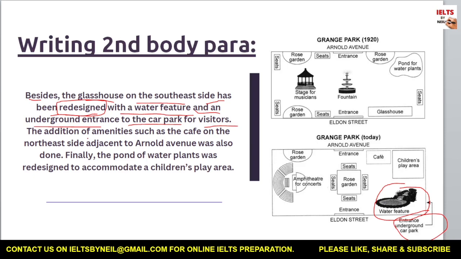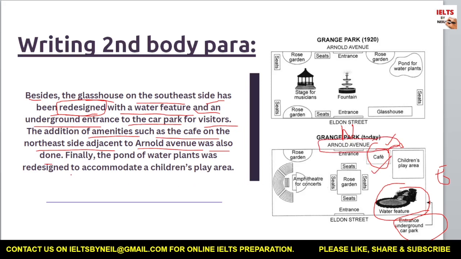Now the addition of amenities such as the cafe on the northeast side. This cafe is on the northeast side, yes, because this is north, this is east, right? That's correct, northeast side. Adjacent, which means just parallel to Arnold Avenue, was done. Adjacent to Arnold Avenue. Now, this is Arnold Avenue, and the cafe is done here.